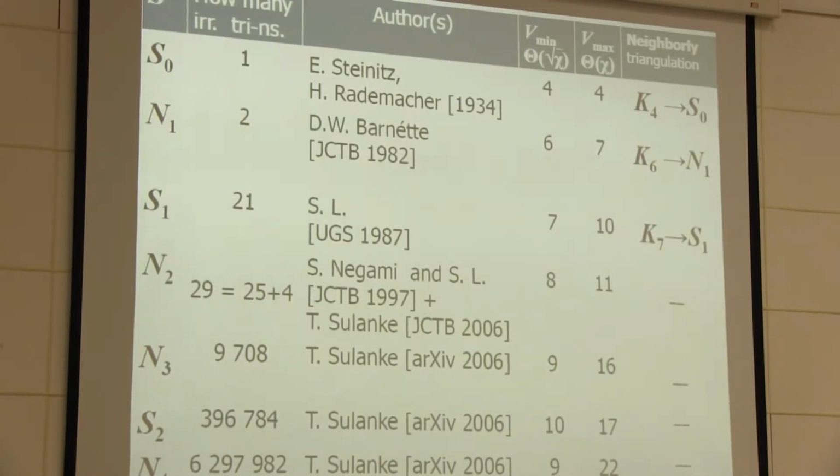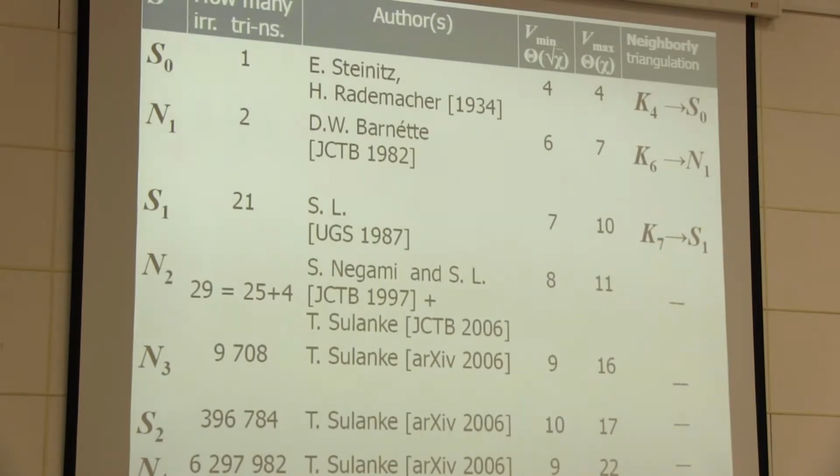And you see the second column is the number of those irreducible triangulations, and you see how that number grows very rapidly. Sulanke published most of his results in this direction on arXiv, and you can also find his results on his personal web page, which can be easily found on the web.